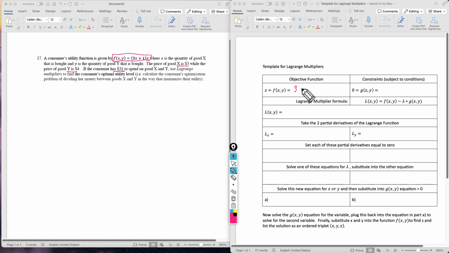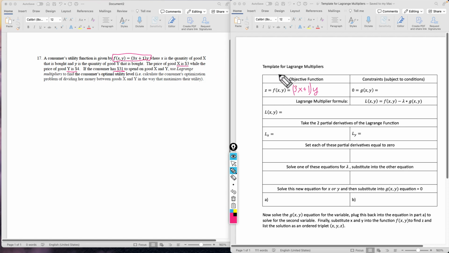So we've got 3x plus 1 times y. We might have to do a power rule, right? Not a power rule, a product rule. So what might be nice is, I guess we still might have to, but we could distribute this y through.